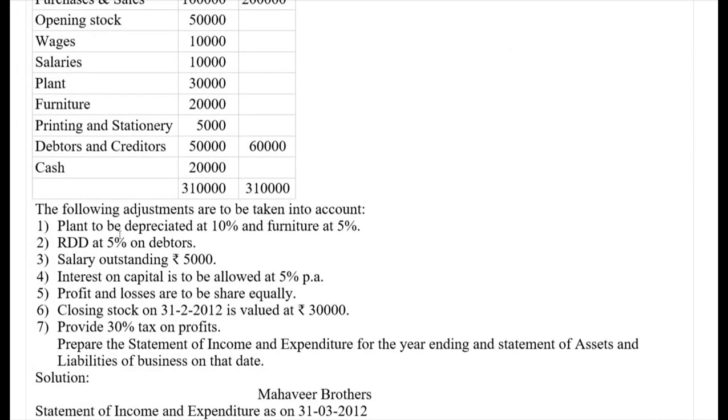Here opening stock value is 50,000, whereas the closing stock is 30,000. So there is a decrease in the stock, which should be taken to the statement of income and expenditure. Similarly wages and salaries must be shown under the head of personal expenses in the statement of income and expenditure.